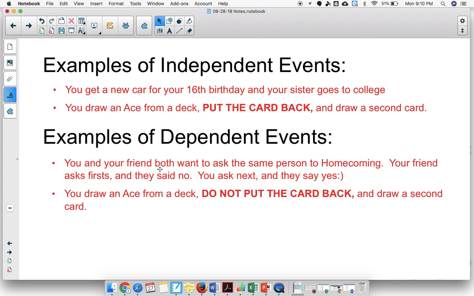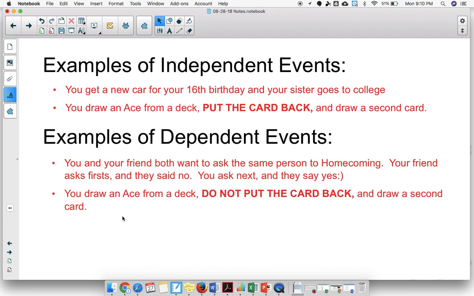They could then say yes because the outcome of your friend asking can influence the outcome of you asking. So think about the other way. If they would have said yes, that obviously would have influenced the date to say no. So those are considered dependent events.